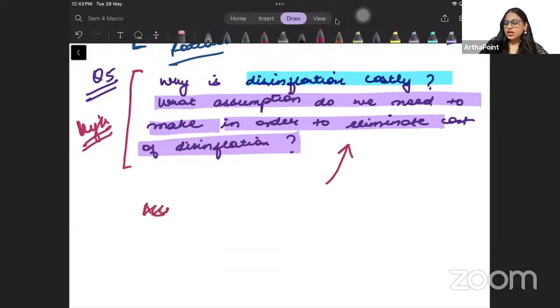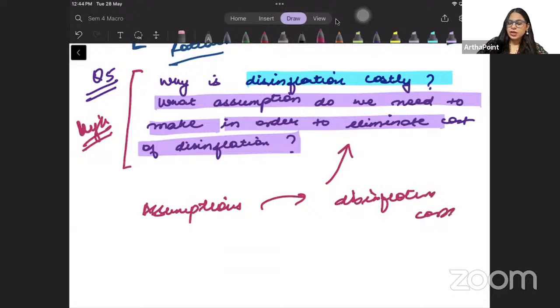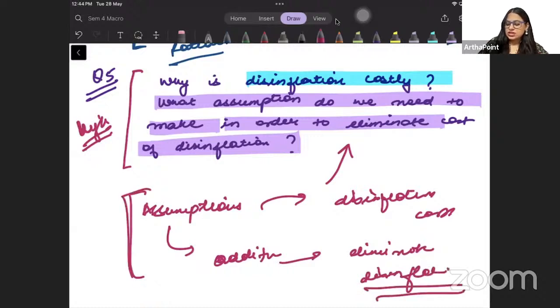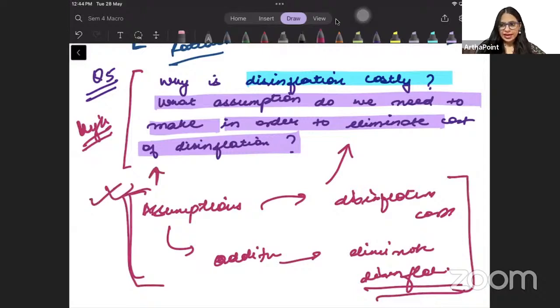First the book tells what assumptions it has made to say that disinflation is costly. So first you have to read those assumptions. And then the book says what additional assumptions it is making to eliminate disinflation. So then you have to read that part. So this entire thing can be asked as one full-fledged question in exam.